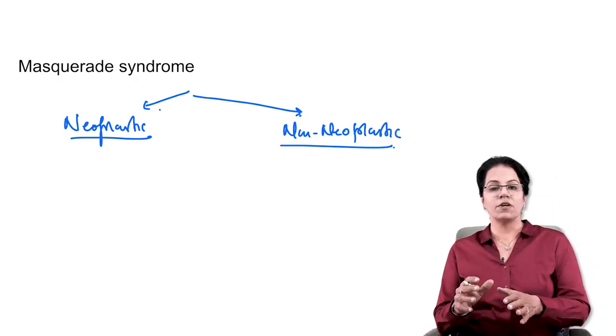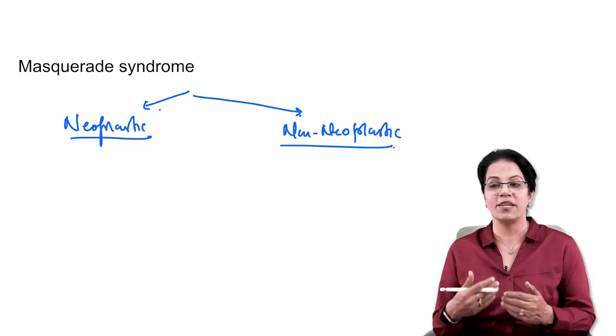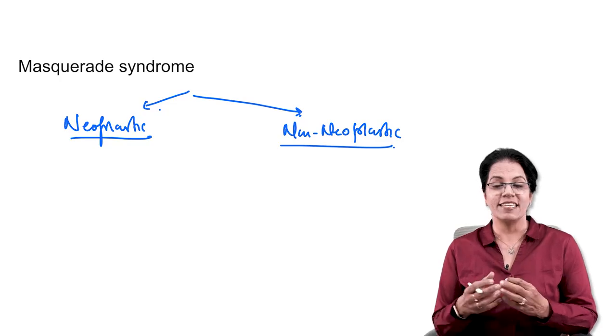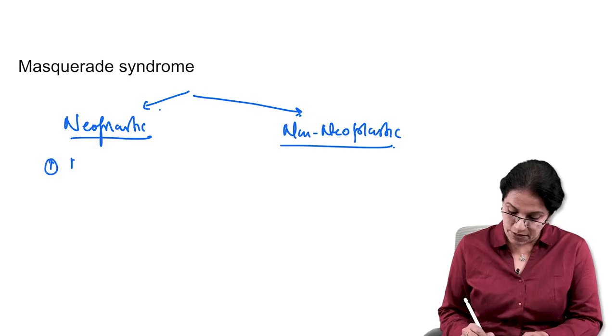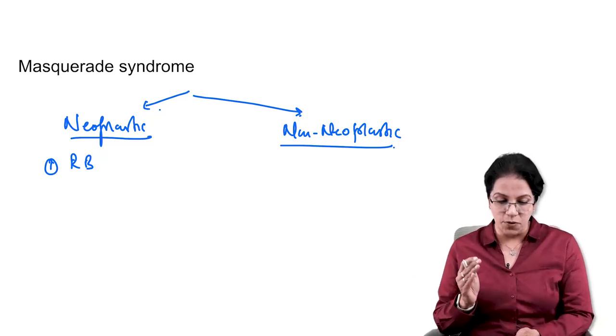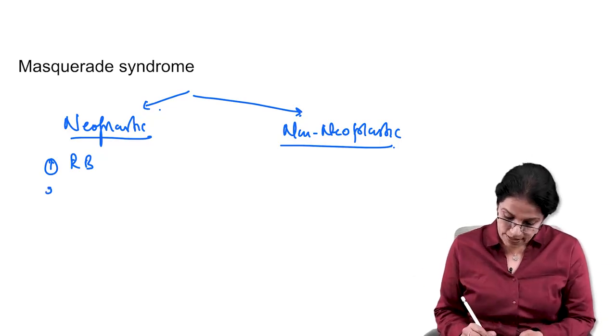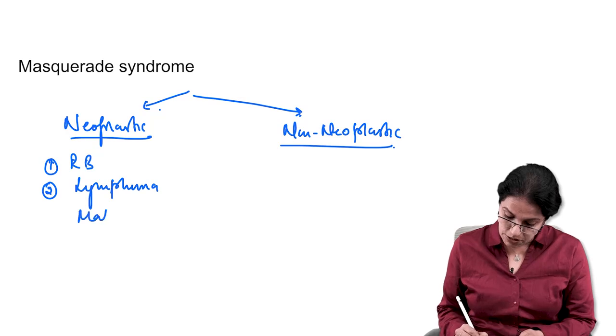Most important ones, which is relevant to you, if I can think, do you remember in retinoblastoma you have learned that it can present as pseudo uveitis? So one, of course very important, is retinoblastoma, right? And then come lymphomas, malignant melanoma. In adults mainly what you get here is malignant melanoma. So all these tumors can mimic uveitis.